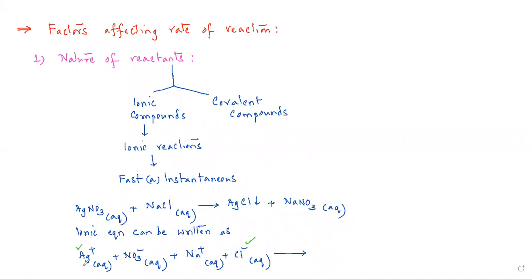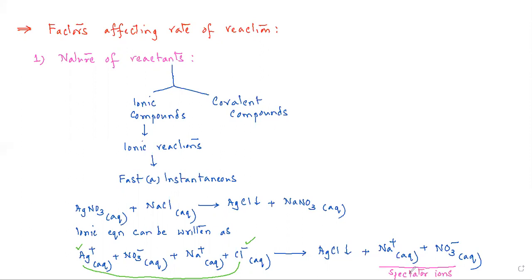You can also say grouping of the oppositely charged ions, as a result of which you get a precipitate of silver chloride, whereas the Na+ and the NO3- remain as such. These Na+ and NO3- are called spectator ions because they have undergone no chemical change during the course of the reaction.